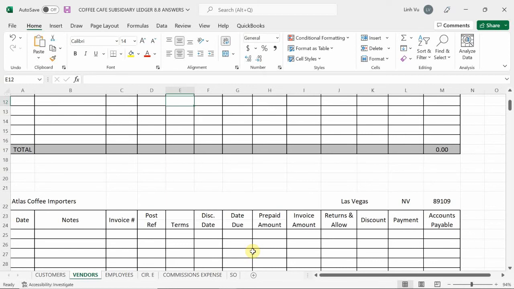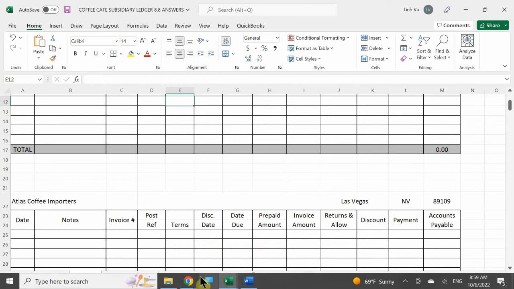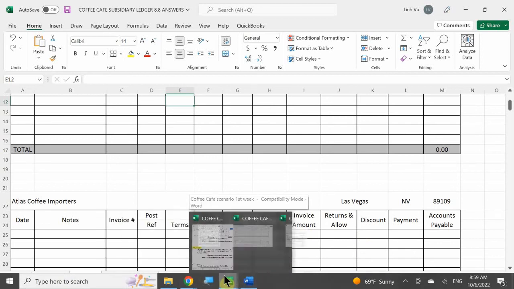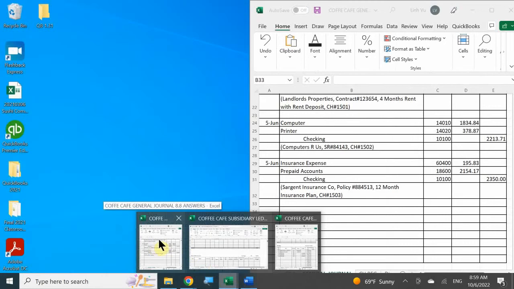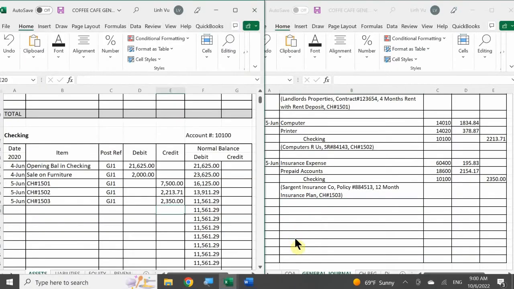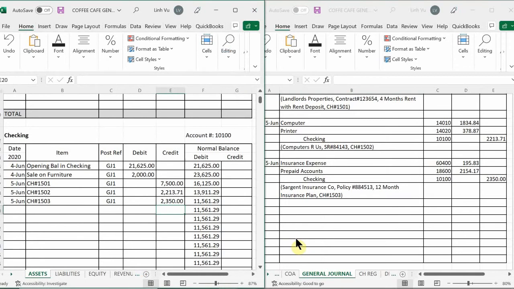What was the last check for? The last check was for $2,350. Okay, cool.